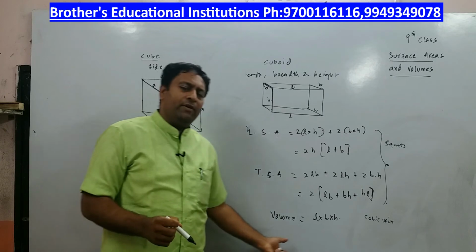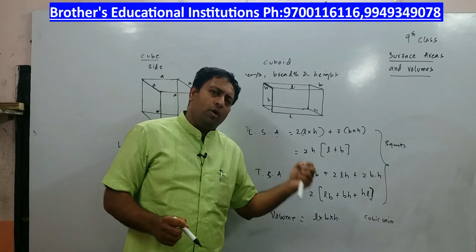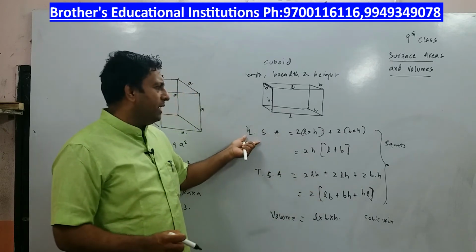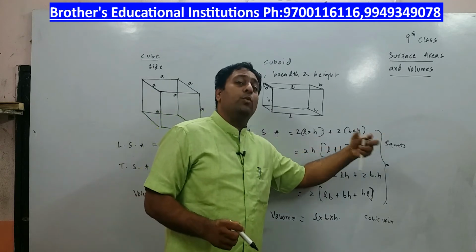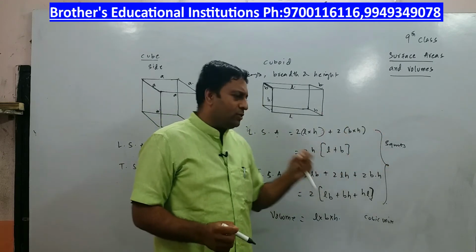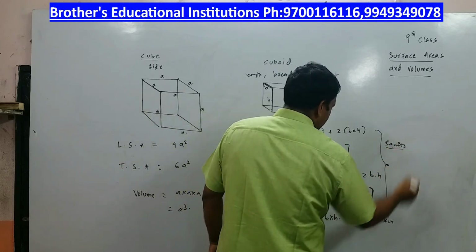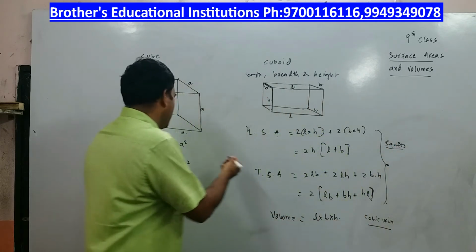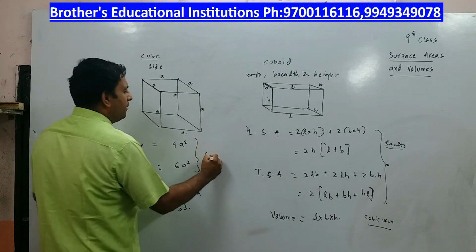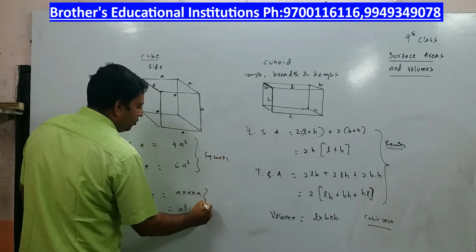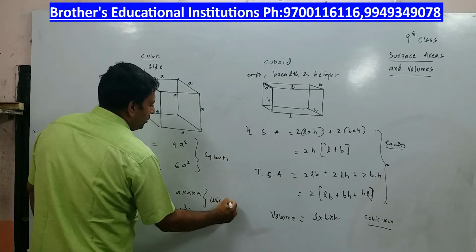Tomorrow if meter is given to you, then it is cubic meter or meter cube. If I give you meter as a length, then the area will be square meter or meter square. So what is important is you must always remember the unit. This will be square units and this will be cubic units. Similarly here also, this will be square units and this will be cubic units.